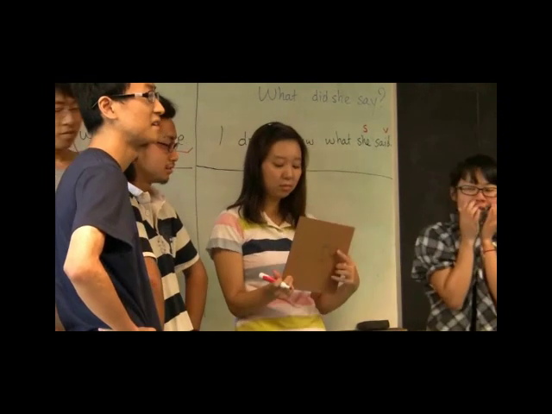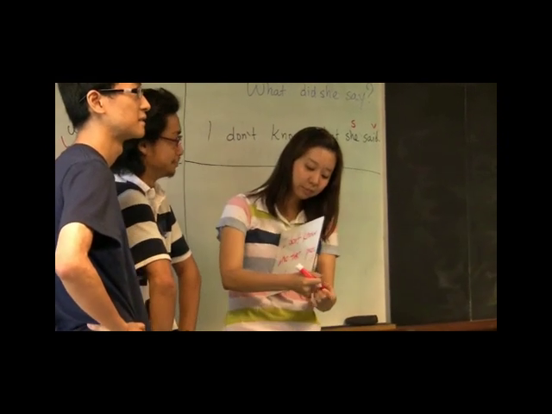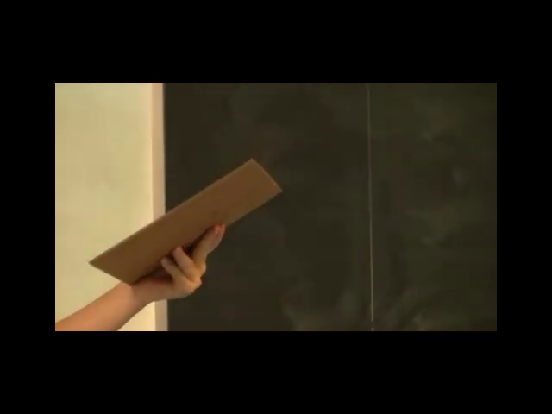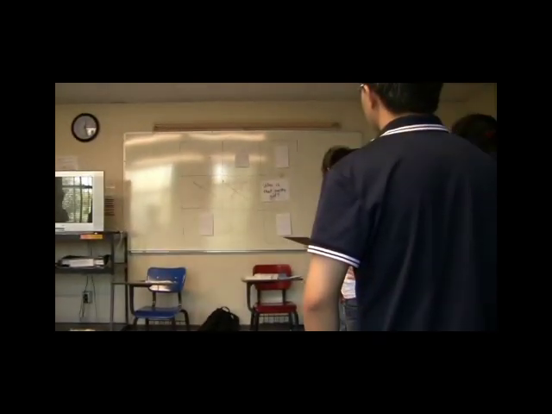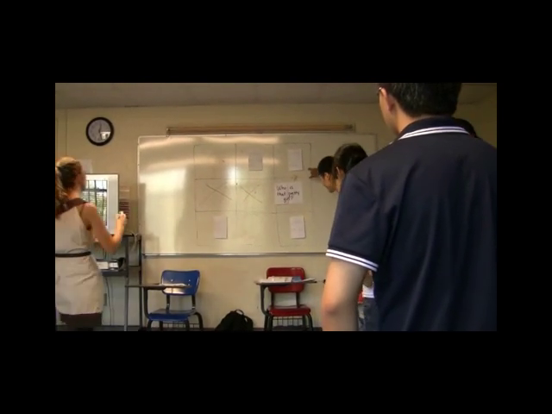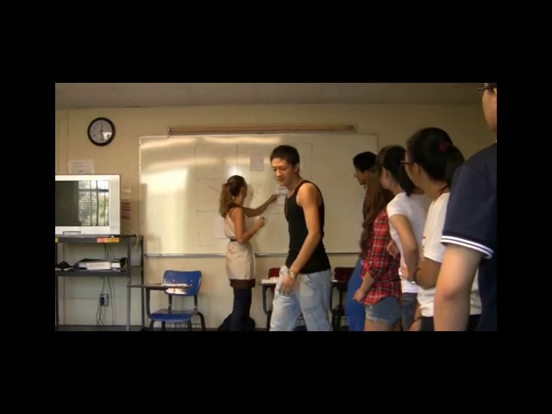You guys are finished? Awesome. What does it say? I don't know who that pretty girl is. Alright, good. You guys get circle. Okay. Everyone can still win. Anyone can still win. You're fine.